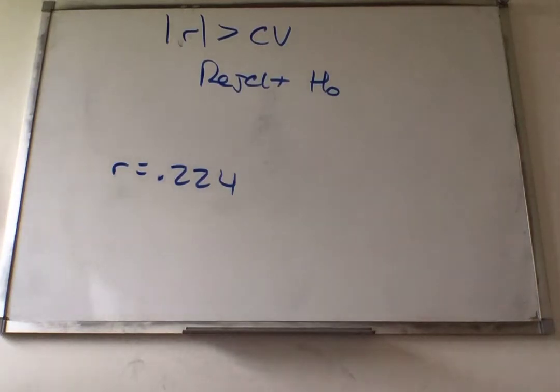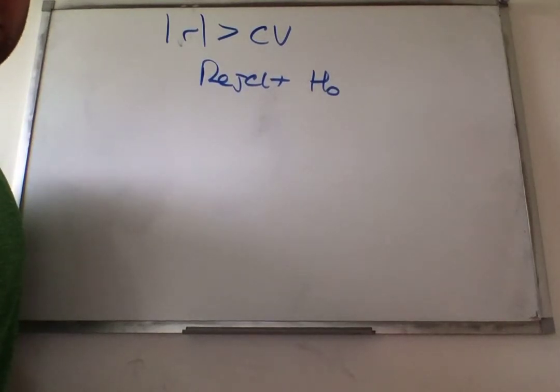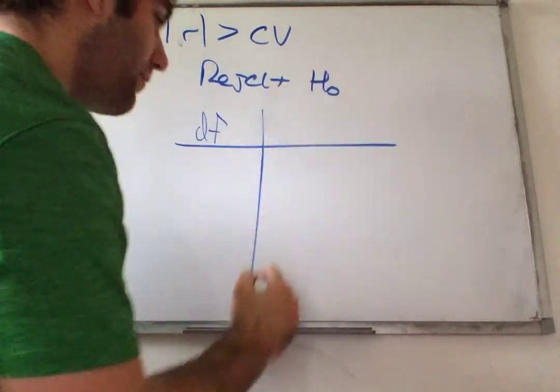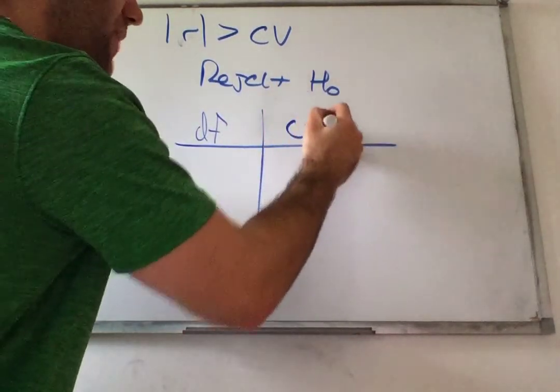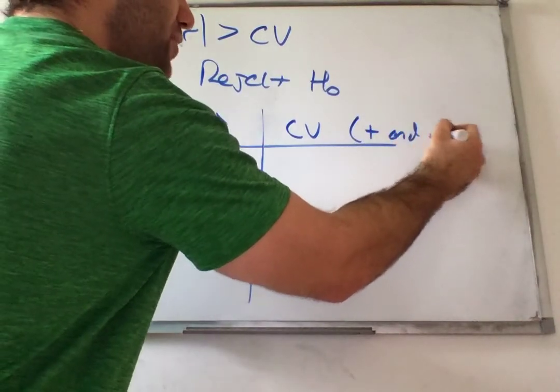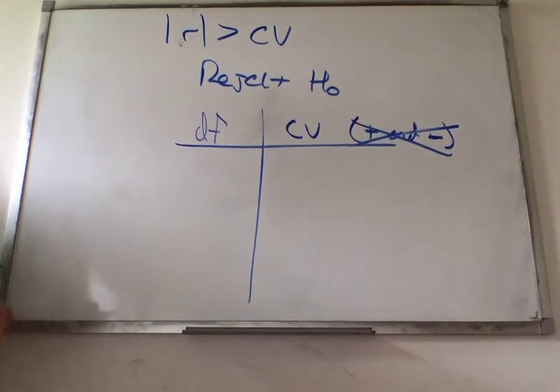Now, you get this critical value from a table. On that table, if you were looking at my lecture notes, you've got degrees of freedom, and then you've got critical values. They do say plus and minus version, but you don't have to worry about that if you take the absolute value of R.